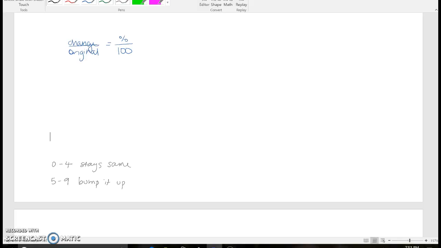So when you're rounding, so if it's 89.2, then to round it's just 89%. But if it's 49.6, then you can bump it up to 50%. So that's how you round to the nearest percent.